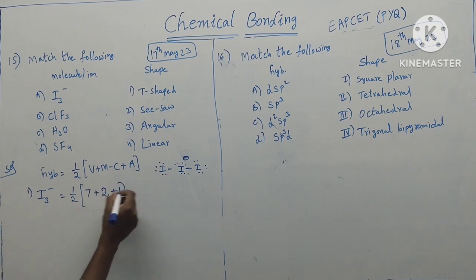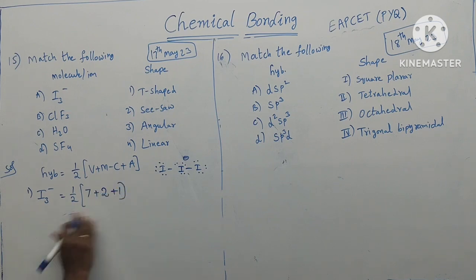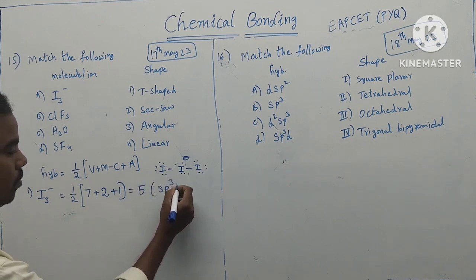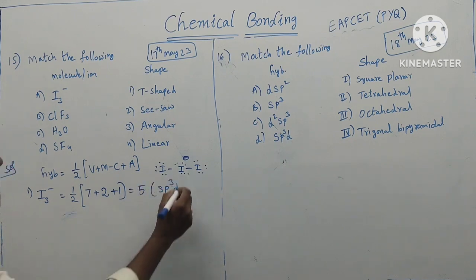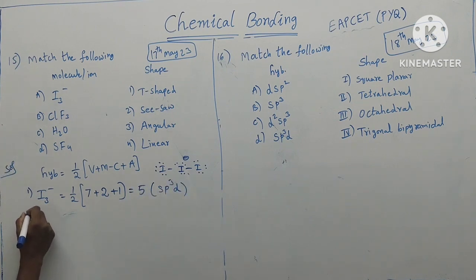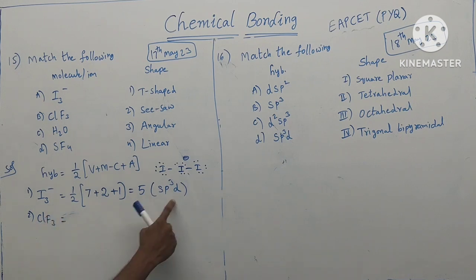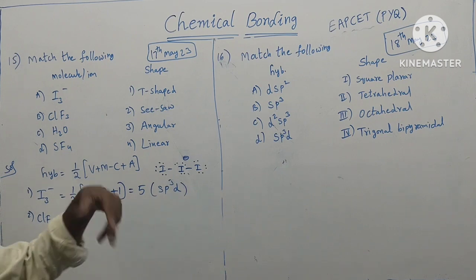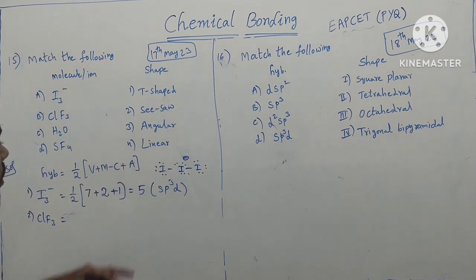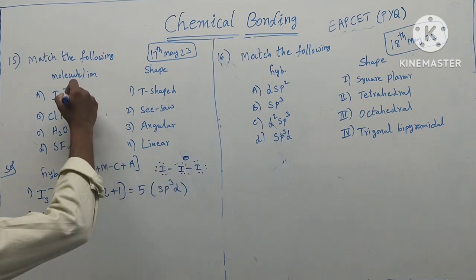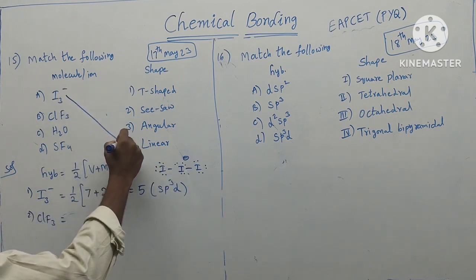So 7 plus 2, 9, 9 plus 1, 10, 10 by 2 means 5. 5 means hybridization sp3d, so 1s, 3p, 1d. If sp3d hybridization, the shape is without lone pairs trigonal bipyramidal, but with lone pairs the shape of the iodine compound is linear. So I3 minus is linear.